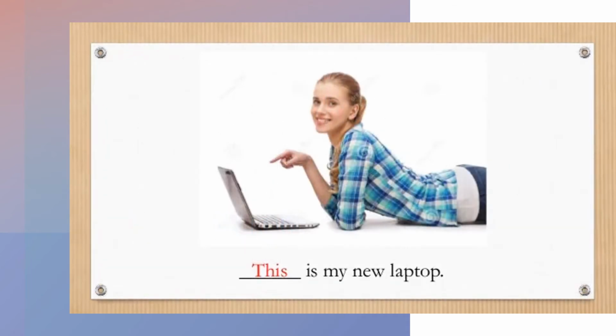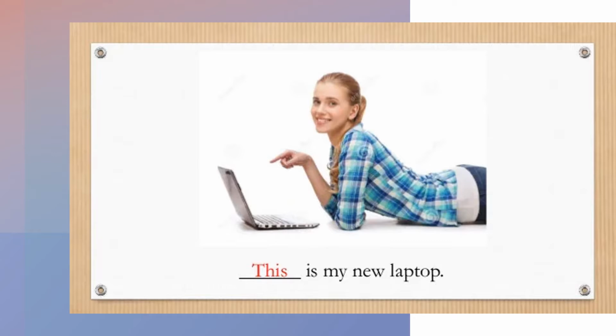All right, the first word that we are going to learn is this. Okay, example here: this is my new laptop. First, you use this with singular nouns, which is laptop. Second, you use this when you want to refer to a thing which is very near to yourself.